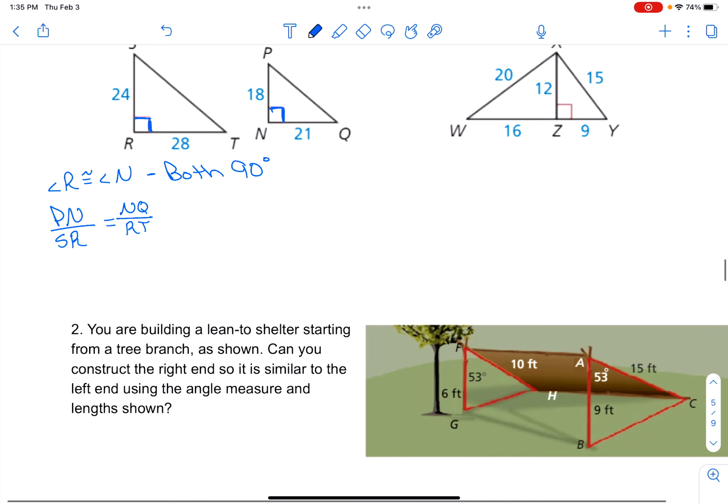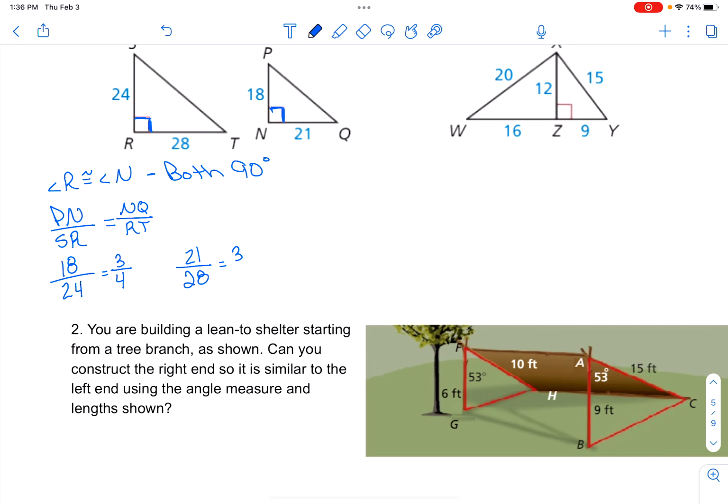So PN is 18 and SR is 24. 6 goes into 18 3 times and 24 4 times. And then NQ is 21 and RT is 28. 7 goes into 21 3 times and 28 4 times.